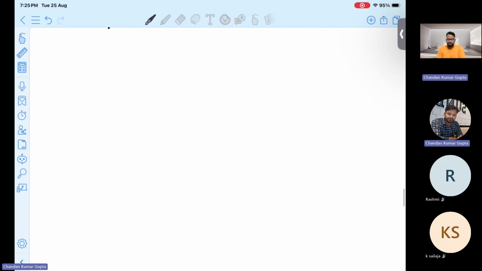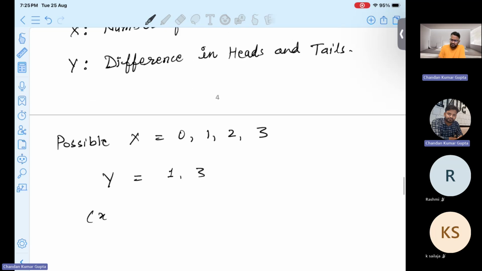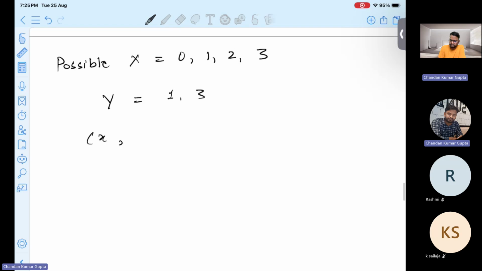We have the random variables X and Y, the possible values of X and Y, and the sample.